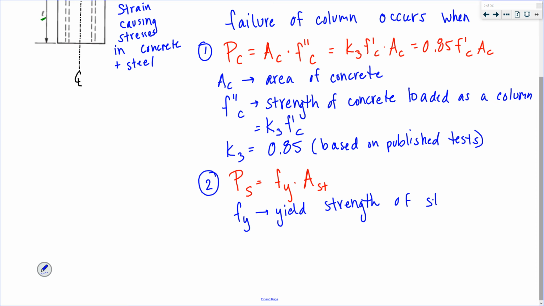AST is your area of steel. It's probably going to be your longitudinal, because you don't always have the ties.